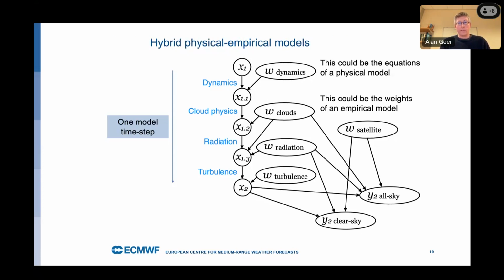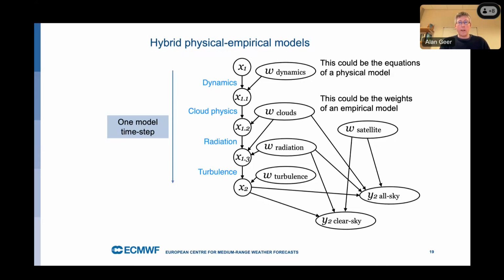But if we don't trust our physical modeling of clouds, for example, the W clouds, the parameters of the cloud physics model, we could throw away our physical model and plug in an empirical model and try and train it in the same data assimilation framework. And so we could have a mix of empirical and physical models all trained together with the physics constraining where the information from the observations goes in terms of training the weights of different models.